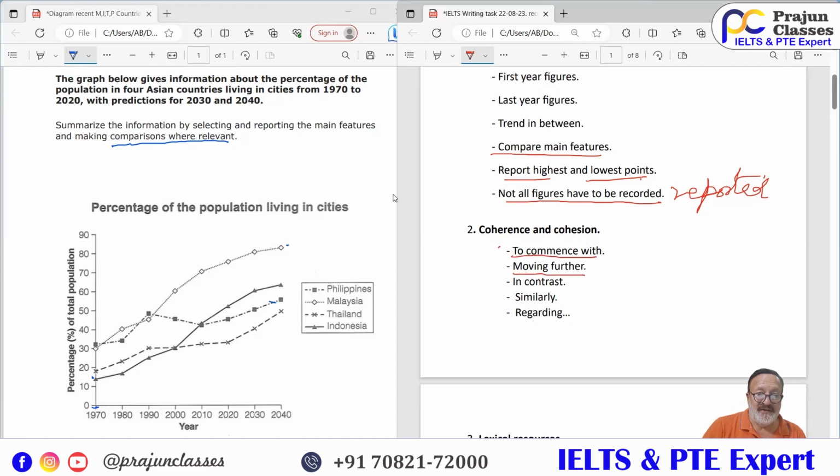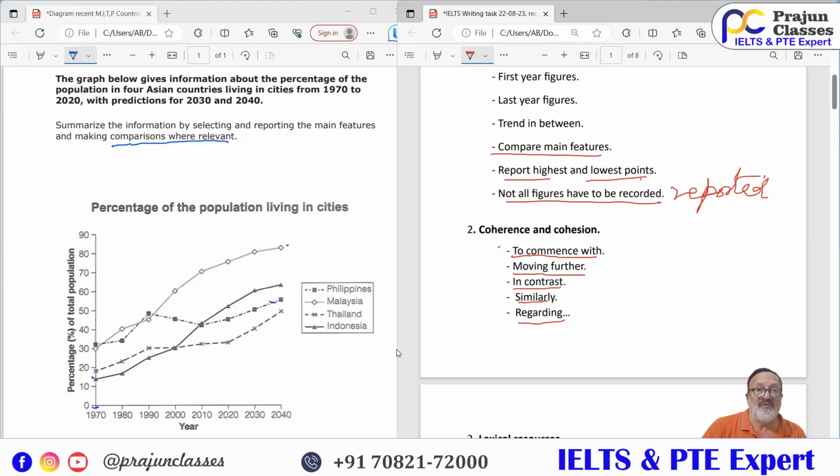Now in between, it's very important that if you see a difference in two readings, so you can write in contrast. In contrast, this really works. It will give you marks, and you can write similarly. You can write regarding. You can say regarding this particular country, like we have countries here. So we can start with this.